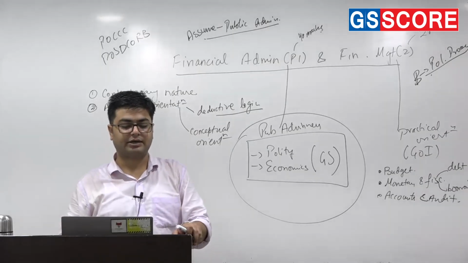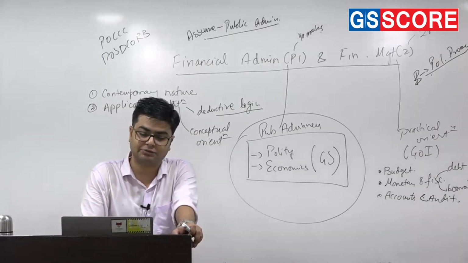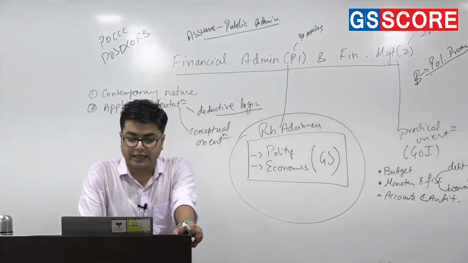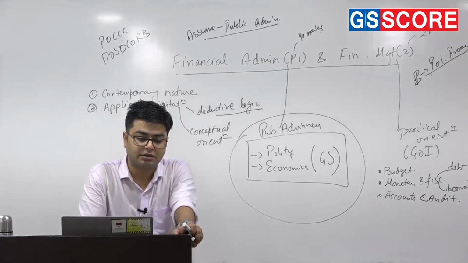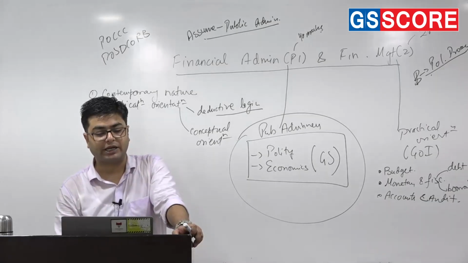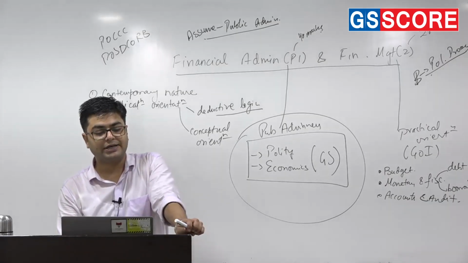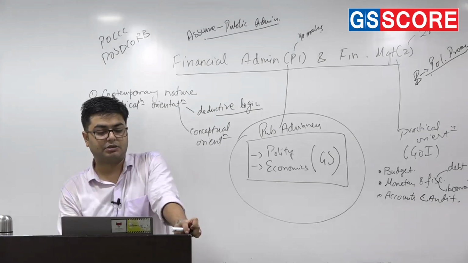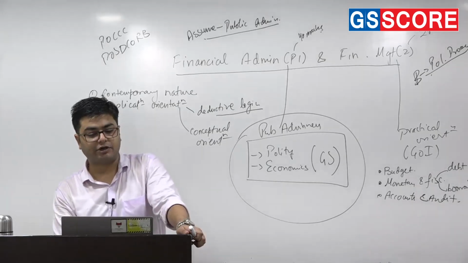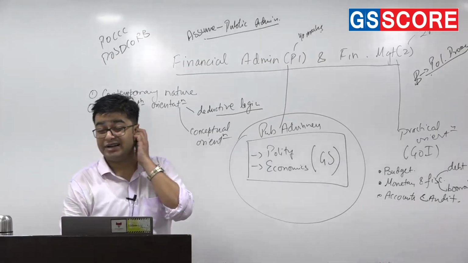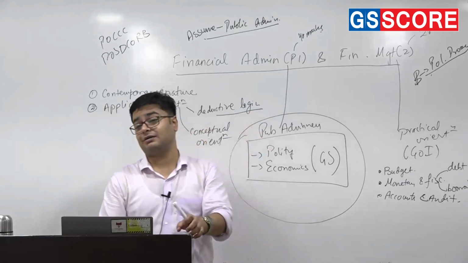Social audit has lent a critical edge to implementation of programs such as MGNREGA. 2019, again just a 10 marker. The strategy to deal with non-performing assets of banks may lead to overburdened taxpayers. Similar stuff was asked in 20 something in paper 1.